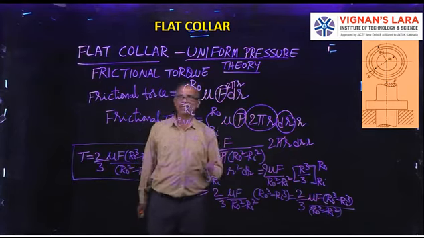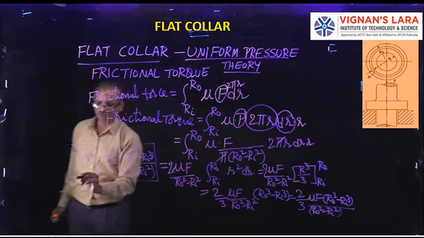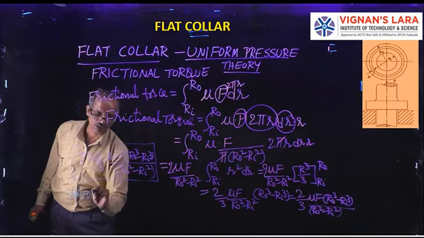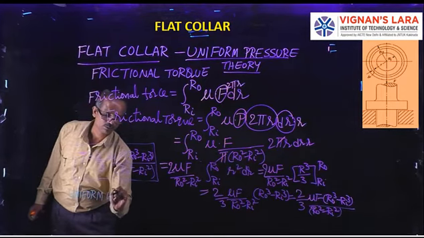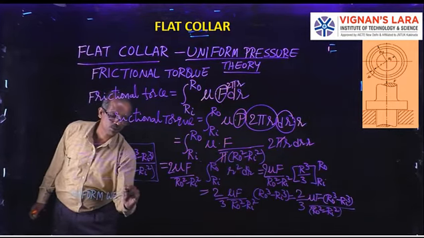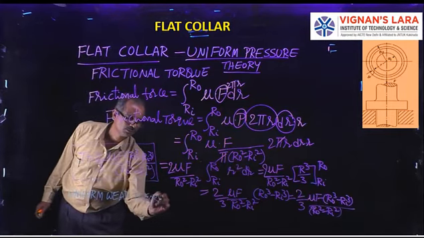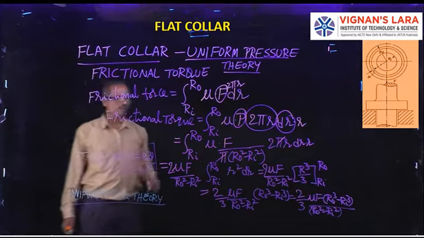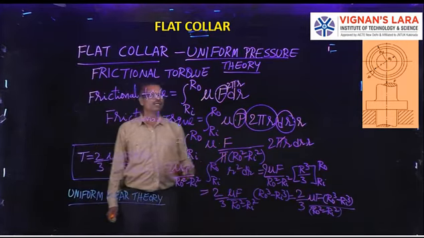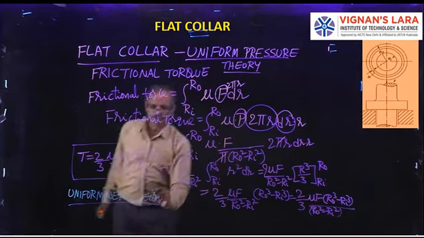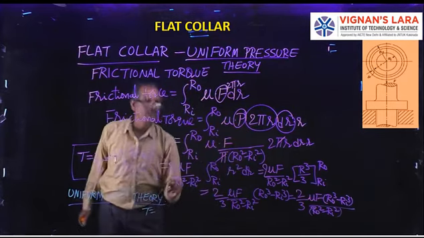Then what about the same thing if you apply the uniform wear theory? I apply the uniform wear theory. So up to here it is the same; only the P value will be different in the frictional torque in this case.